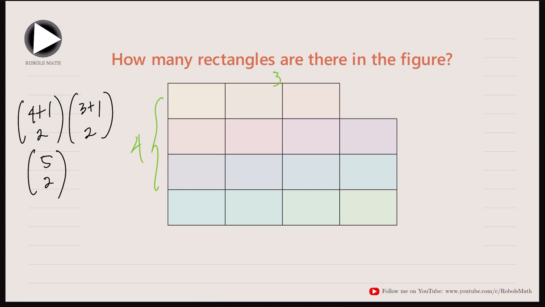So it's 5 taken 2 times 4 taken 2, which is equal to 10 times 6 equals 60. So for the first case, the number of rectangles is 60.